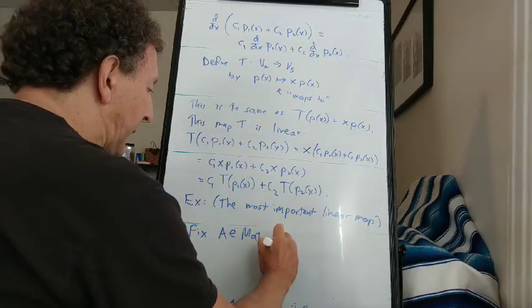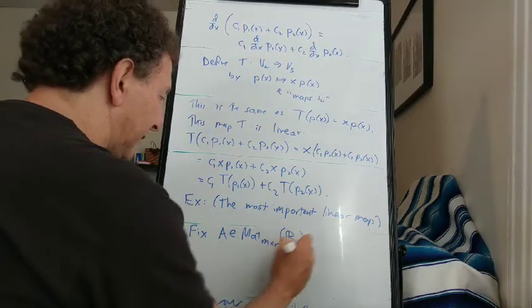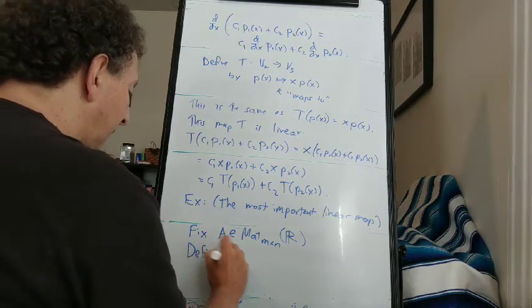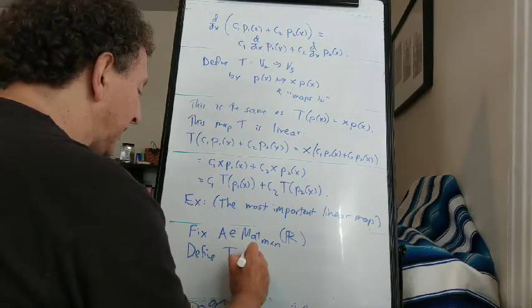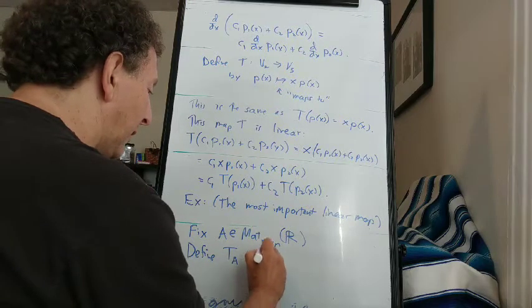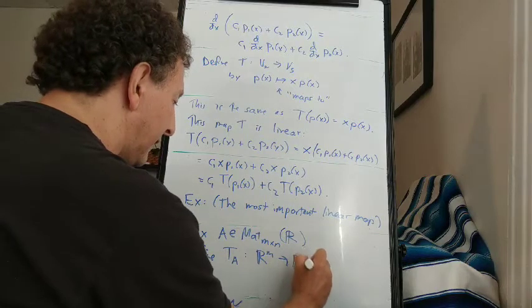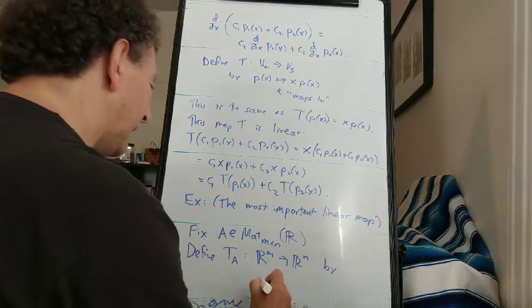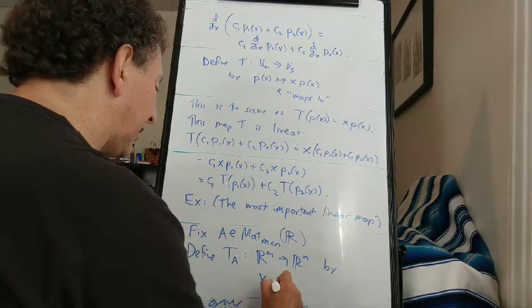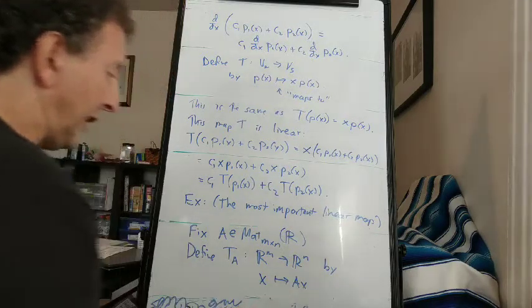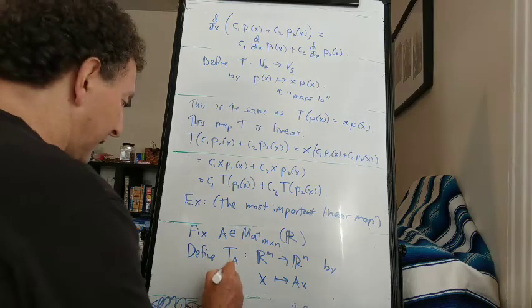Let's say A is an m by n matrix with real entries. And define the map, which I'll call T sub A, from R^m to R^n by taking a vector x in R^m and mapping it to A times x. So just left multiplication by A.